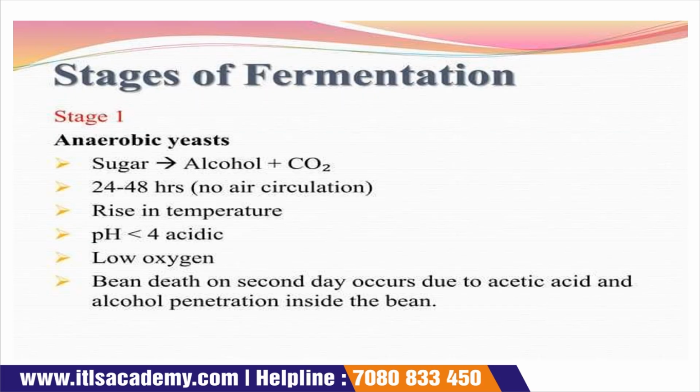Now, stages of the fermentation. The first stage is anaerobic yeast. In this stage, the sugars are converted into alcohol and carbon dioxide, and it takes 24 to 48 hours. In that case, no air circulation takes place. Anaerobic reaction means the absence of oxygen.